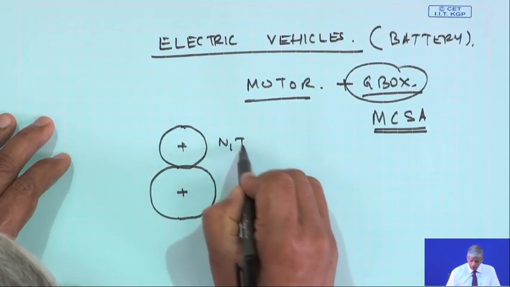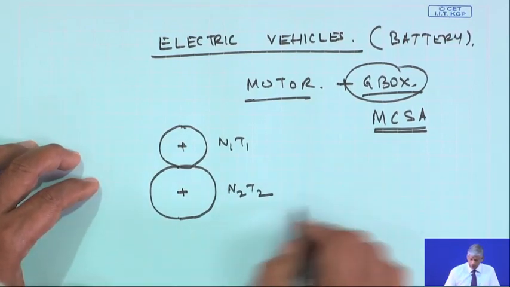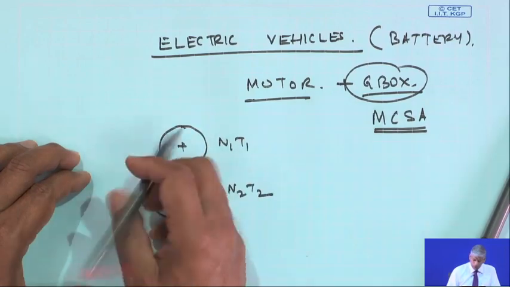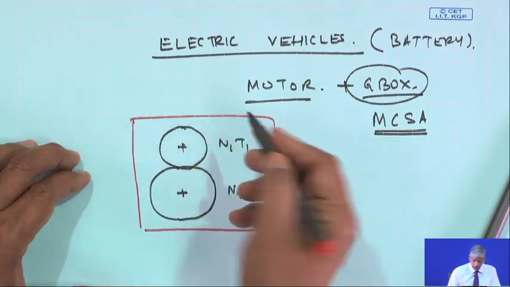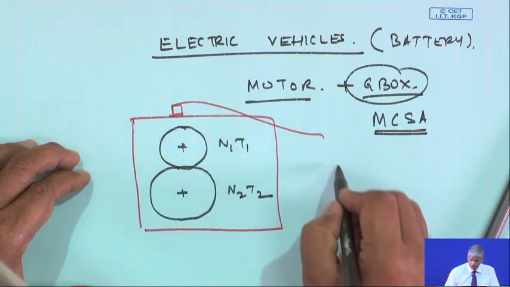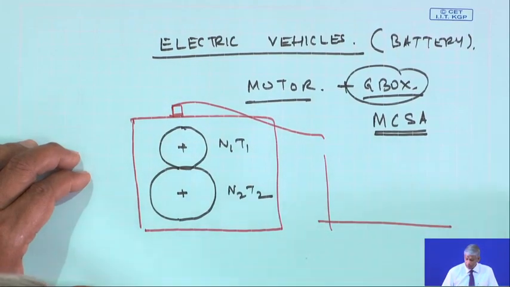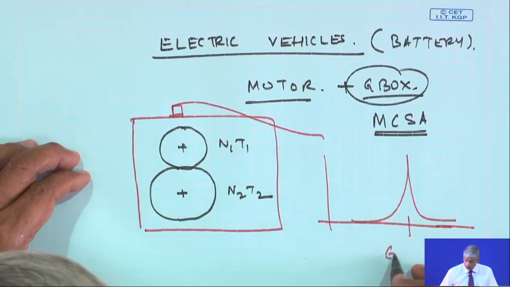So, this is N1 T1 and N2 T2. So, if I measure the vibration of this gearbox at one of the bearing locations where I have put a transducer here, predominantly you will see a very important component which is known as GMF.